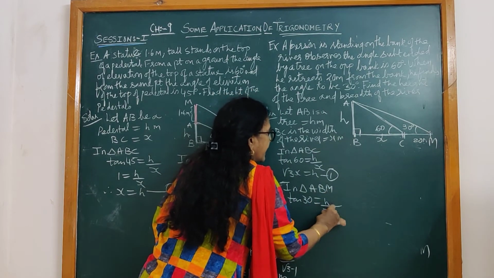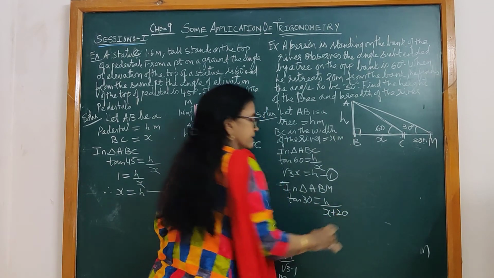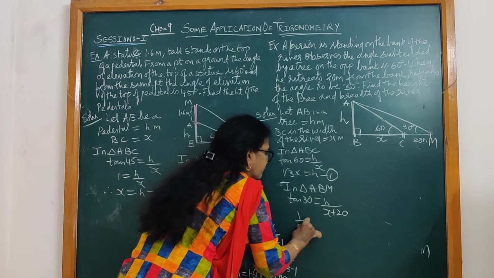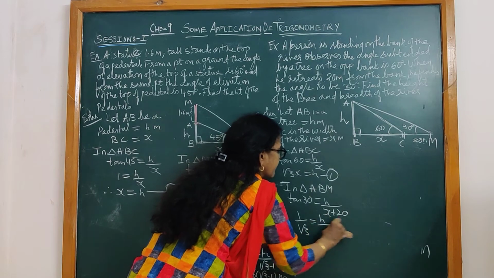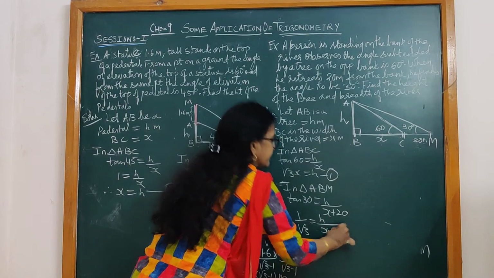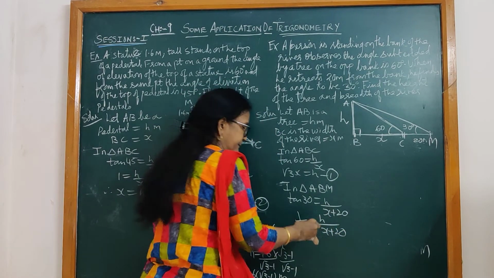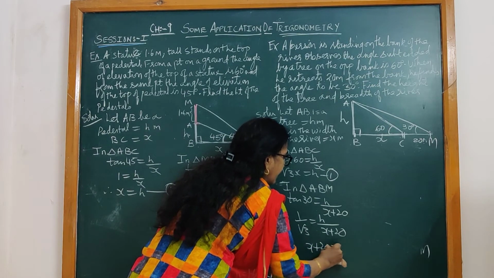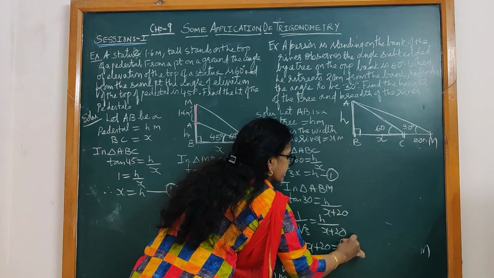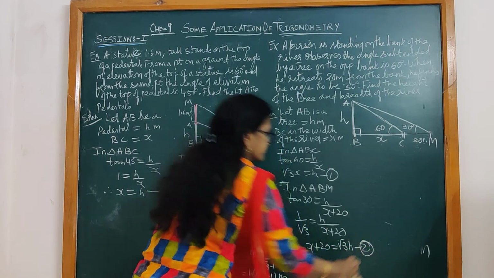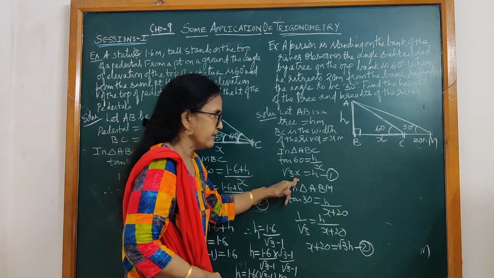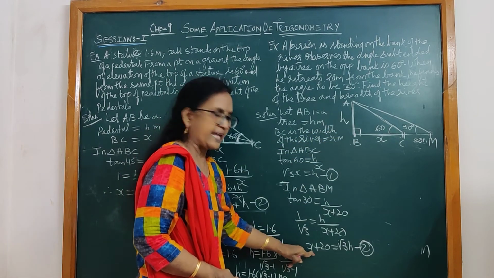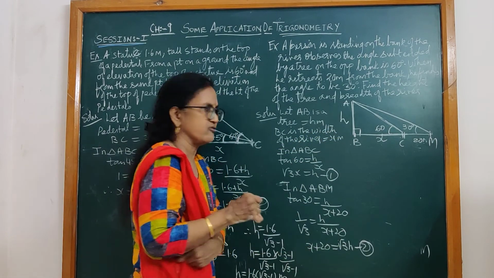So tan 30, it is 1 by root 3, is equal to h upon x plus 20. Cross multiply it. x plus 20 is equal to root 3 h. This is your 2. This was your 1 when we solved the first triangle. In the second triangle we got x plus 20 is equal to root 3 h.